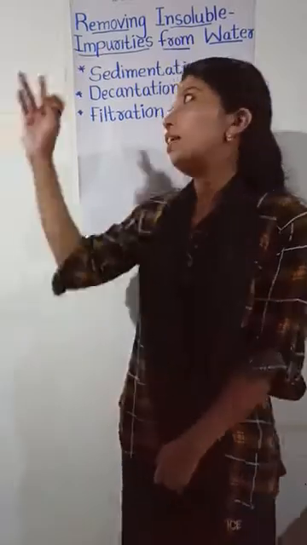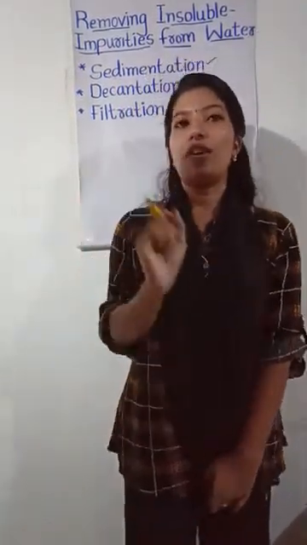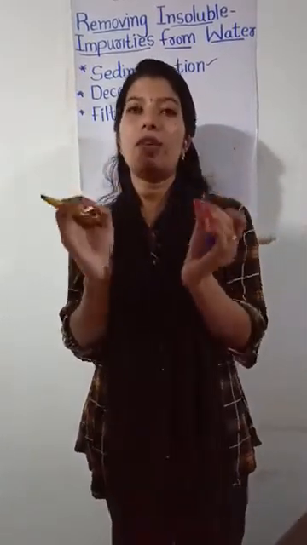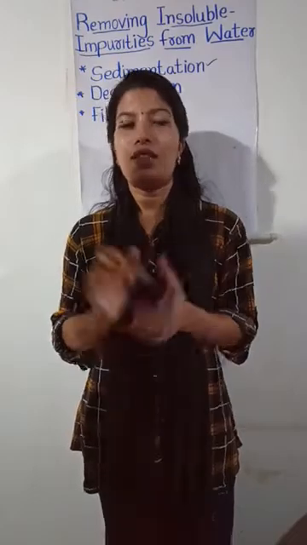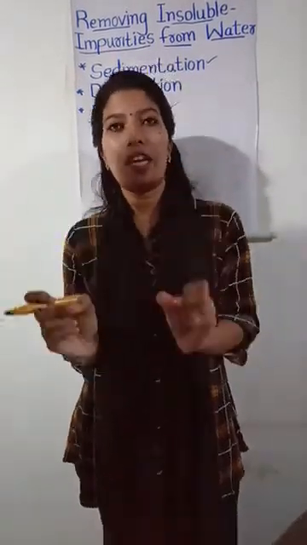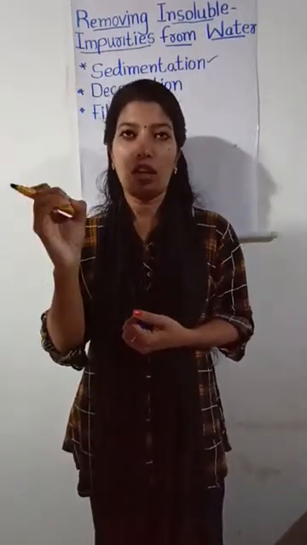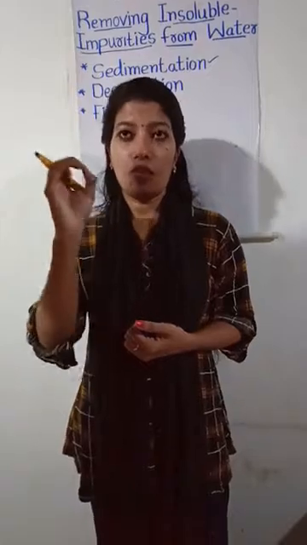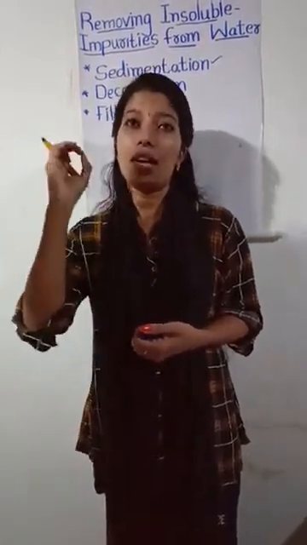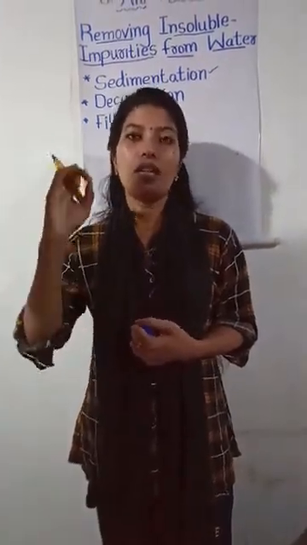First one, sedimentation. Sedimentation is a physical water treatment process used to settle out suspended solids in water. The heavy particles settle down, and we get clear water on the upper layer, above the solid particles which have settled down.